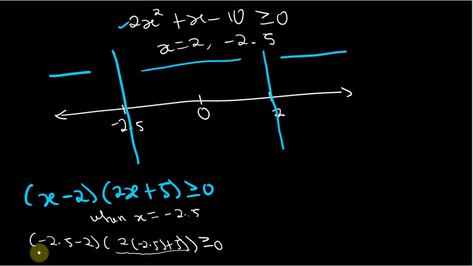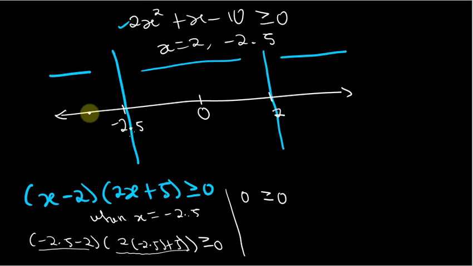So 0 times whatever value we get here gives 0. Now the question is, 0 is greater than or equal to 0. Is this statement true? Yes, it is true, since 0 is equal to 0. It means that negative 2.5 is making this quadratic inequality valid or defined.